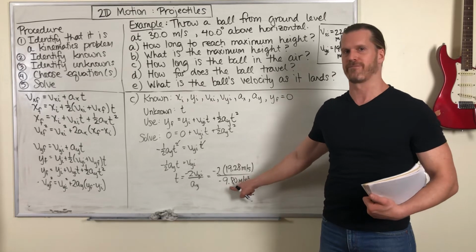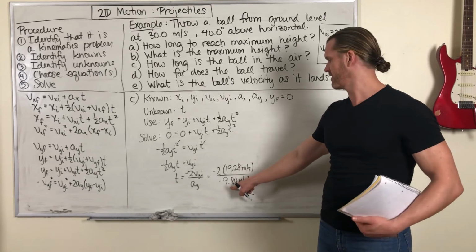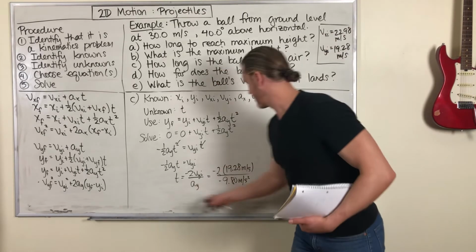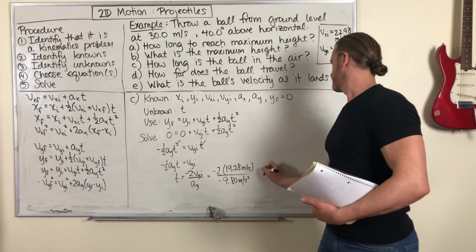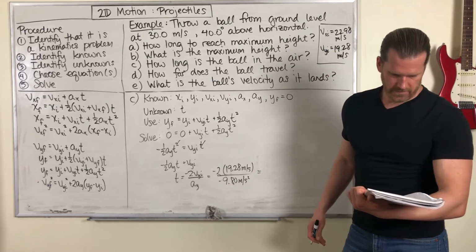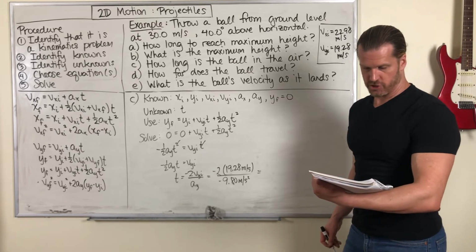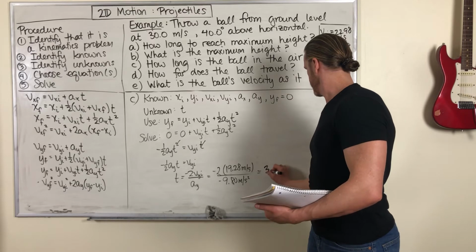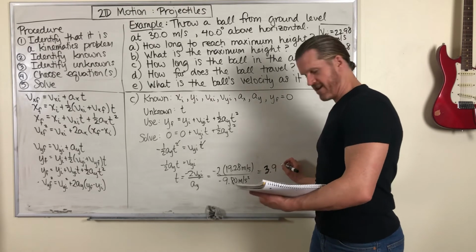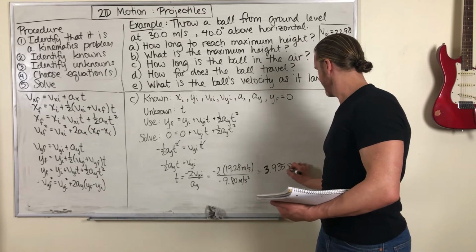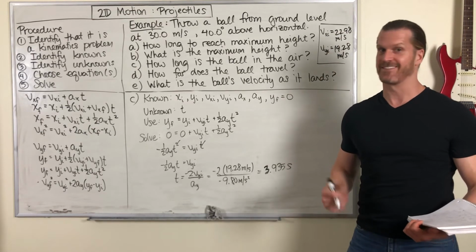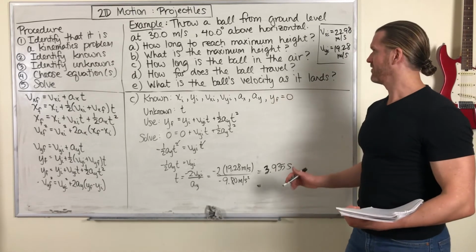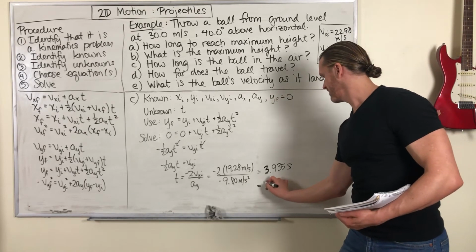You can assume that there's more digits here that I didn't write. So we're not limited by the significant figures in that value of g. And that gives 3.935 seconds unrounded, because I'm going to need to use this again. Rounding, so I can give the final answer for part C: 3.94.